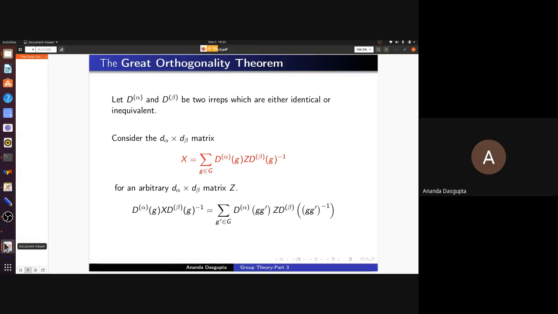The proof which I skipped, but the proof which I had was only for finite groups, can be extended to compact, but cannot be extended to non-compact groups. Okay. Thank you. So the proof does not work. That does not mean the result will be false, but in that case the result is false. Just because the proof cannot be extended doesn't mean that the result will not work. But in this case the result does not work. That was a general statement. Just because the proof fails doesn't mean that the result necessarily fails. Okay.